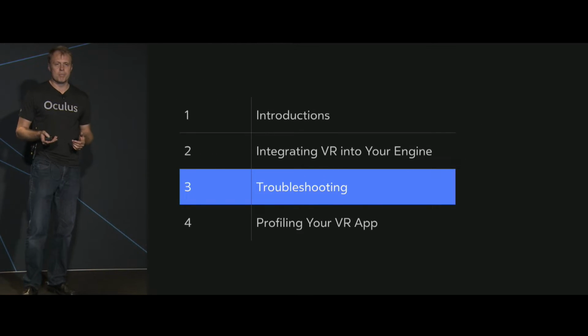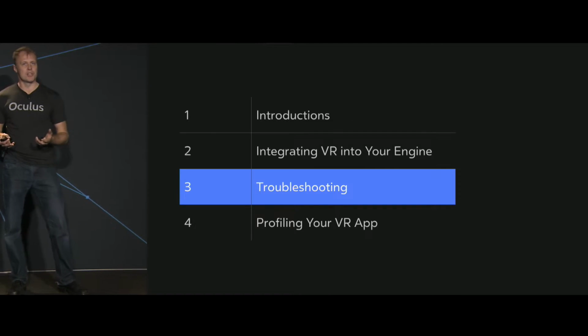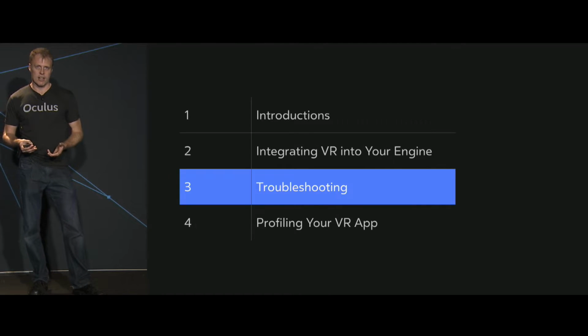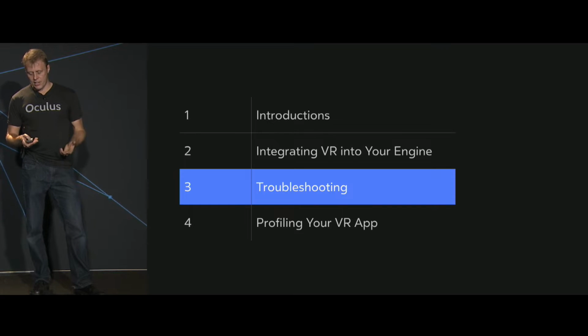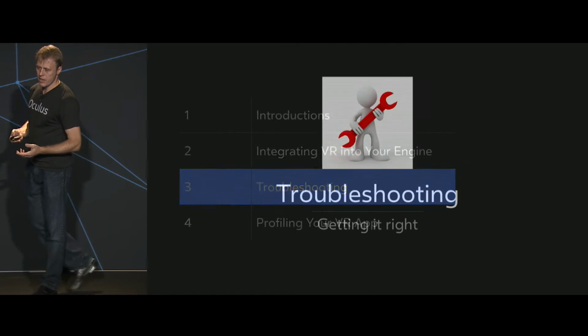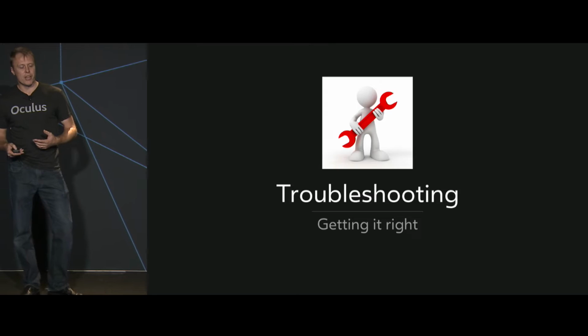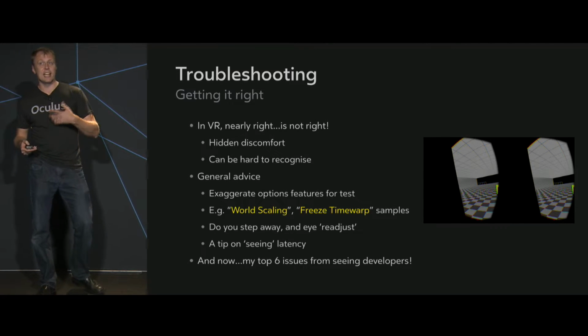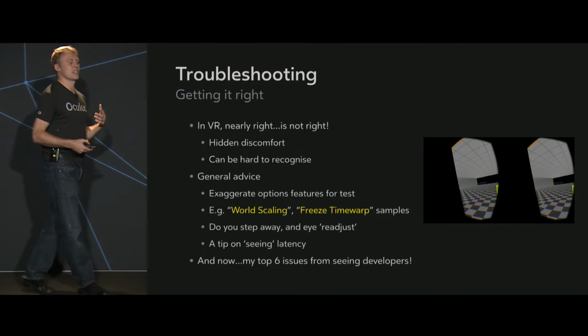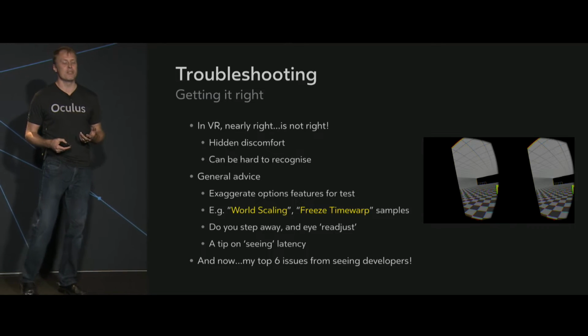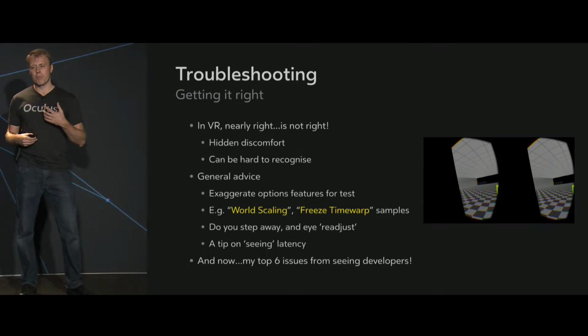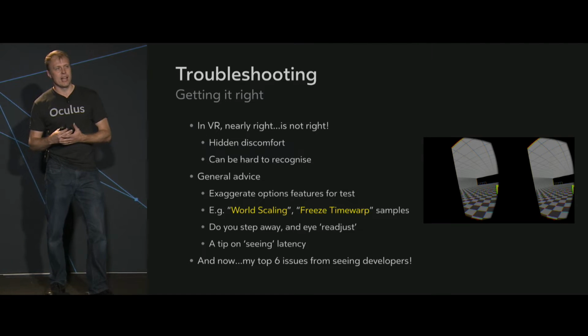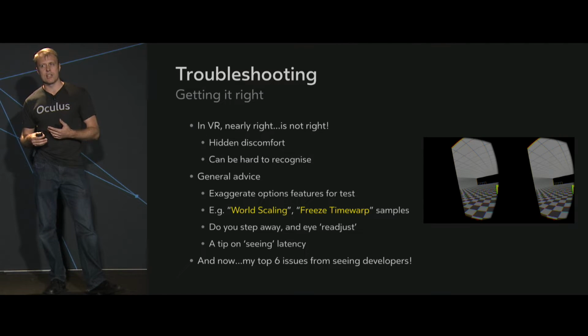Okay, so that's a couple of methods of integrating VR in a basic way. The next important step is, as many of you have probably realized, the thing about VR is that getting it nearly right is unfortunately not quite right and not good enough. And the result of having small errors creeping in is that you might inadvertently have hidden discomfort.